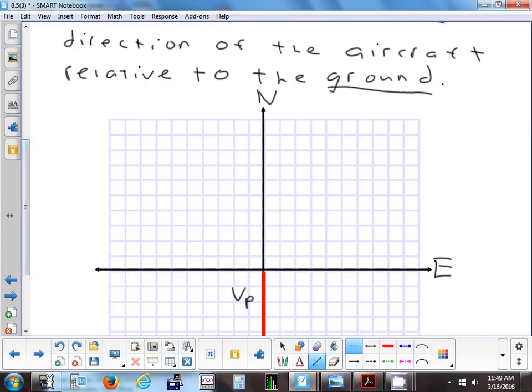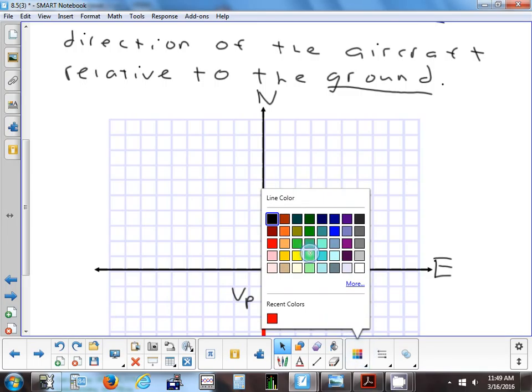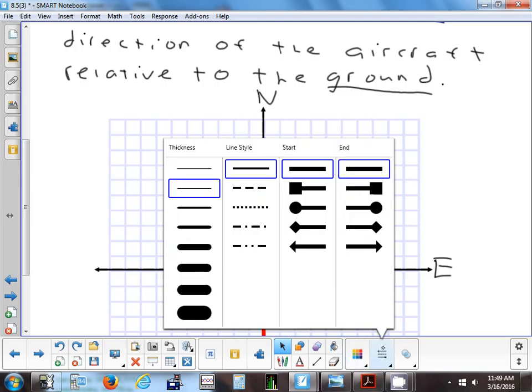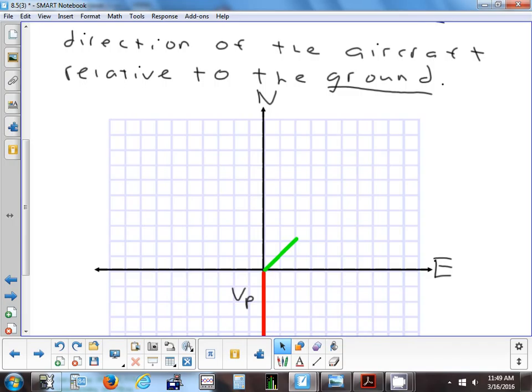If it wasn't blowing northeast, they'd have to give you an angle and say the wind is blowing at a 20-degree angle to east, or something like that. Right, so here's your vector for the wind. Let's call that v sub w. And let's make it an arrow.